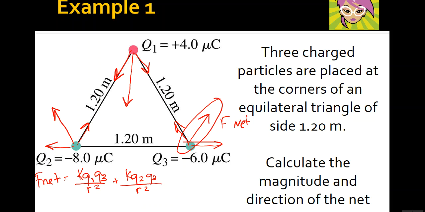Don't forget, I'm asking you for the magnitude and the direction. So you have to break it apart into x and y. Can you use it here?